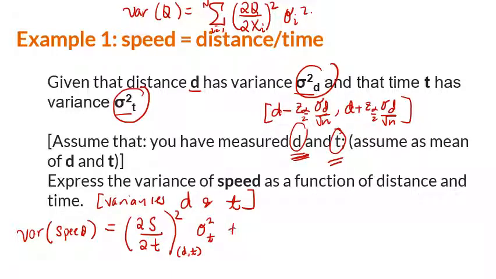plus the partial of s with respect to d, since we are done with t, squared, evaluated at d and t, our mean, multiplied by the variance sigma squared d.